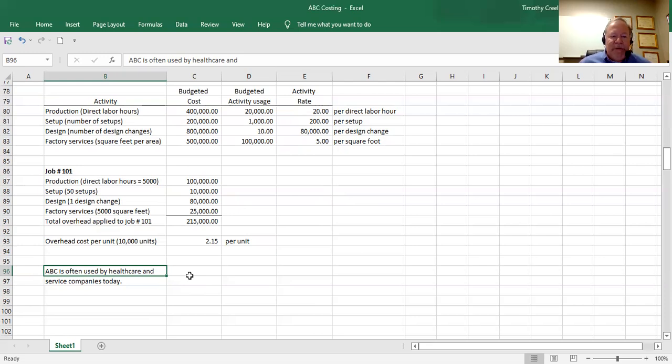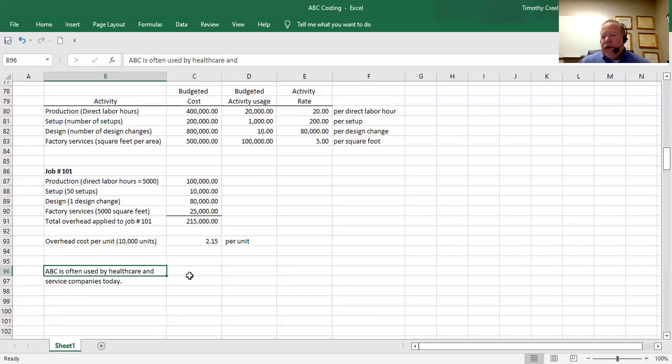So think about it this way. If you're in healthcare, like if you're a hospital, you are going to allocate the cost of overhead to your patients. The cost of all the machinery and the equipment and everything you've got, you're going to end up allocating a little of that to the cost of your patients. Service companies would do the same thing.